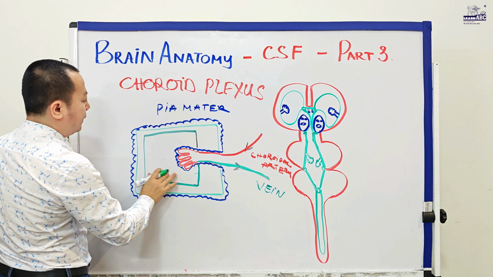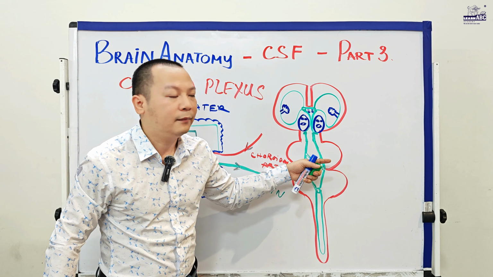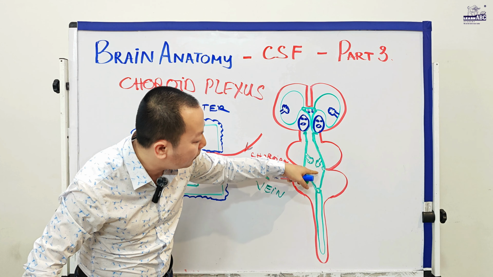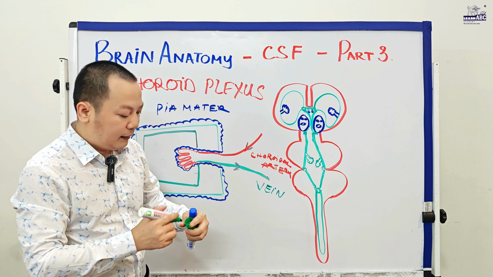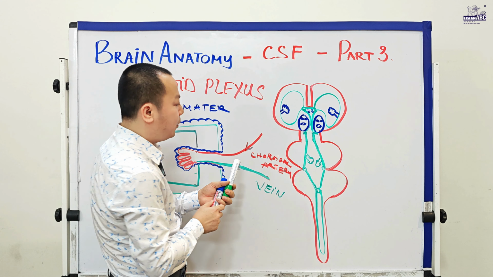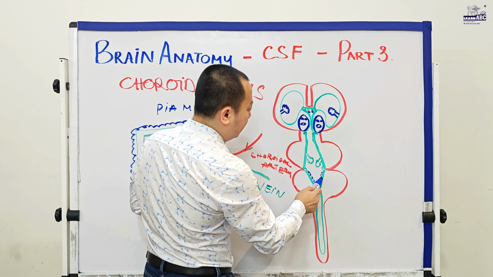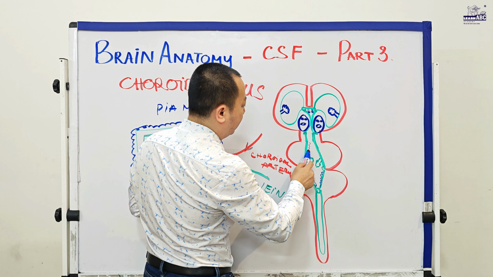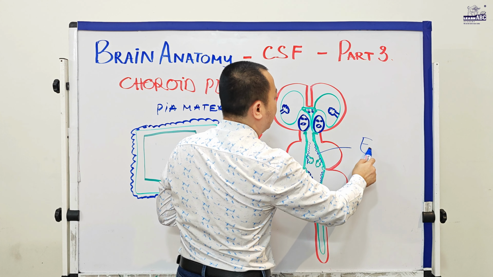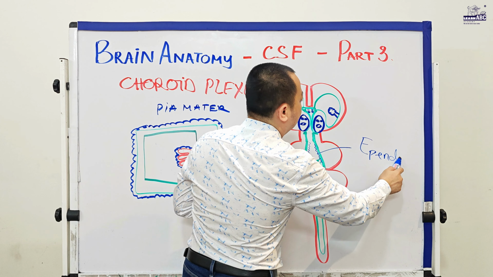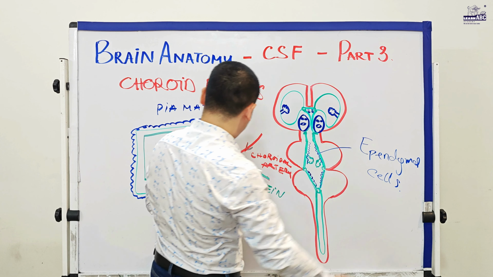As you know, the cavity in the central nervous system is lined by one type of cell, and that cell is the ependymal cell. I told you already that the surface of this cavity is all lined by ependymal cells.